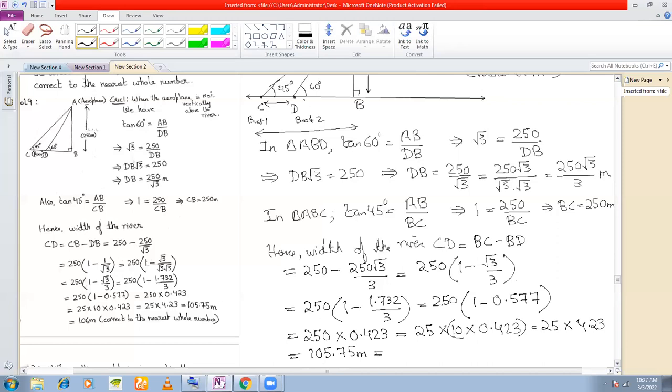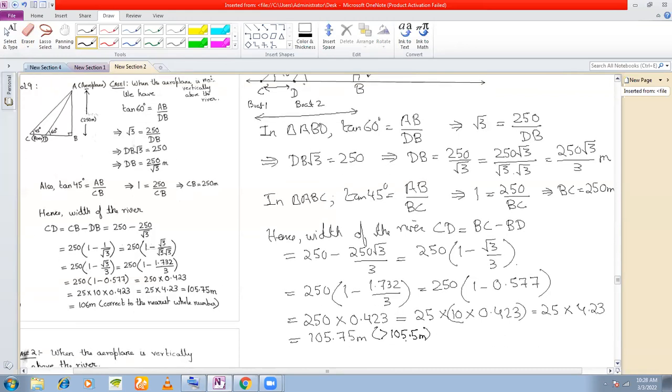Because this is greater than 105.5, if you want to convert this to the nearest meter, this will be equal to 106 meters, correct to the nearest whole number.